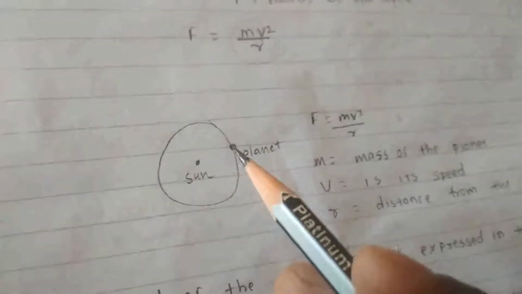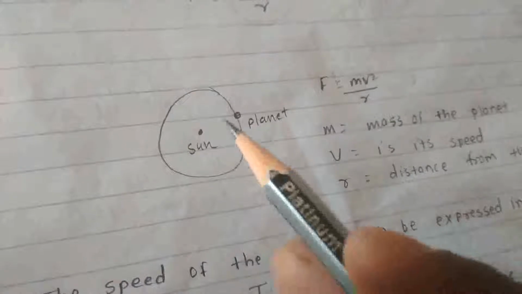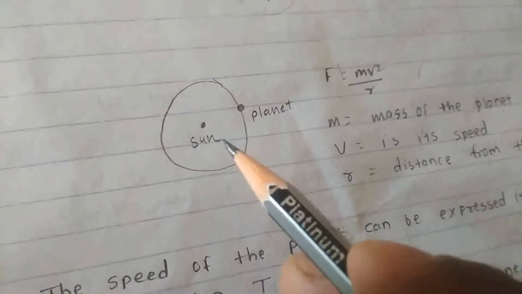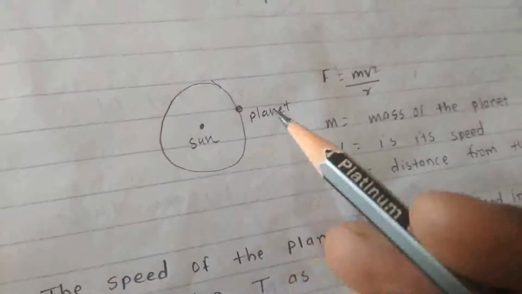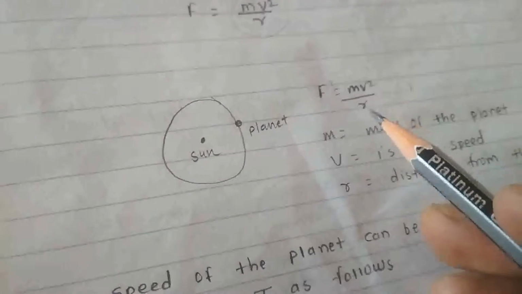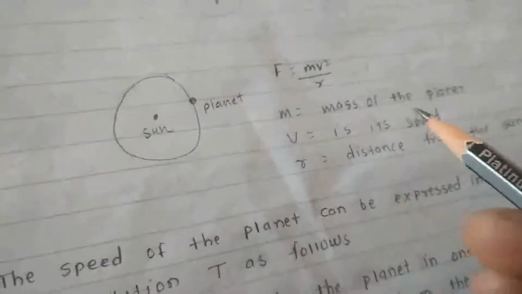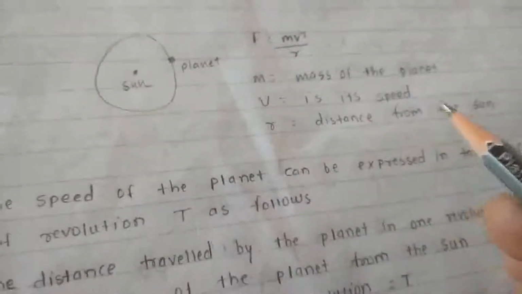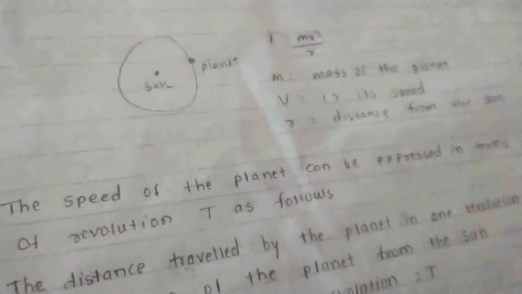Okay. So next, if a planet is revolving around the sun in a circular orbit in uniform circular motion, then the centripetal force acting on the planet towards the sun must be equal to F is equal to mv square upon r, where m is the mass of the planet, v is its speed, r is the distance from the sun.